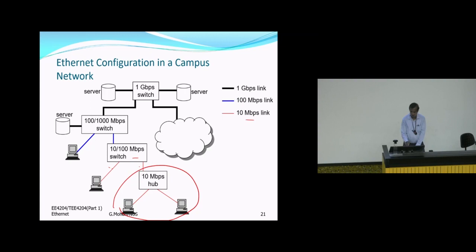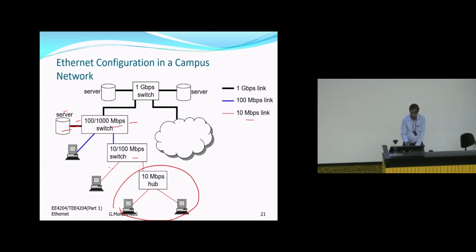So at one stage, we have servers in the data centers or the computer center. Nowadays, we call them data centers. So data center servers are connected to switches with high-speed links, 1 Gbps or 10 Gbps, 40 Gbps, etc. So this shows the capacity of the server, because it is the one serving more users, right? So let's say university server or any organization, they have their own server.